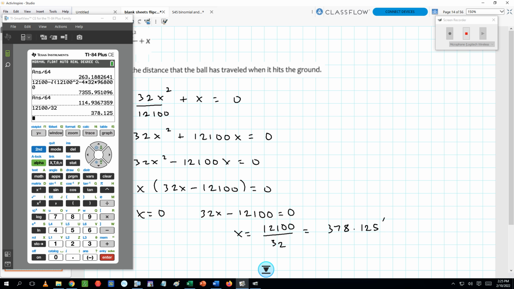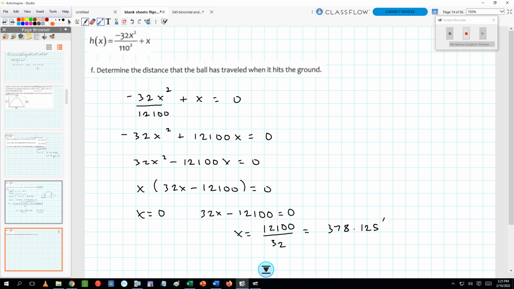So the golf ball hits the ground 378.125 feet from where the ball was hit.